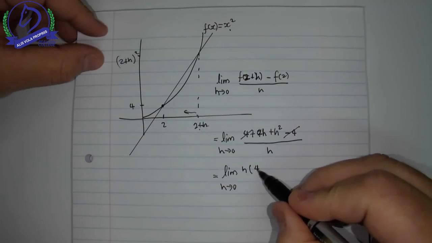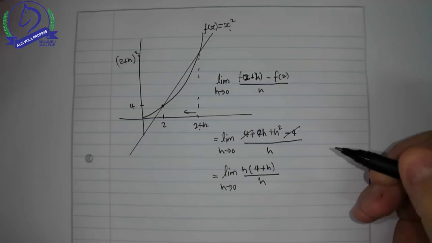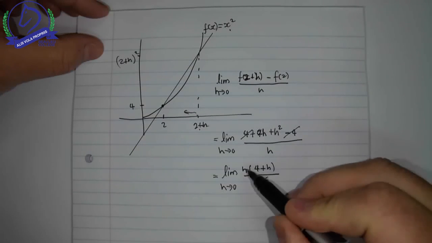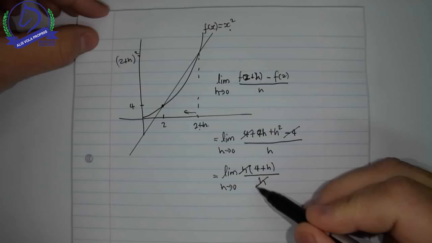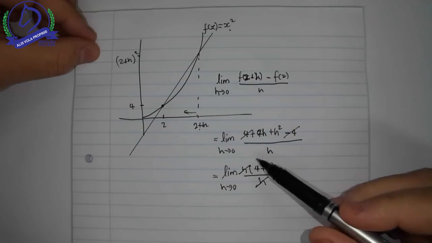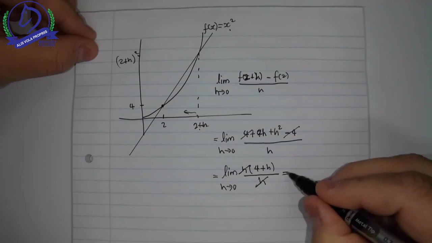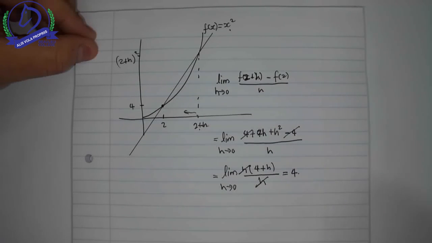And in the numerator, I'm going to have h times 4 plus h, over h, and here is what I was looking for. Now I can safely simplify those two, and the moment I've simplified that, I've basically removed the discontinuity. Once I've done that, I can now safely substitute h by 0 and obtain a value that has meaning, in this case the value of 4.